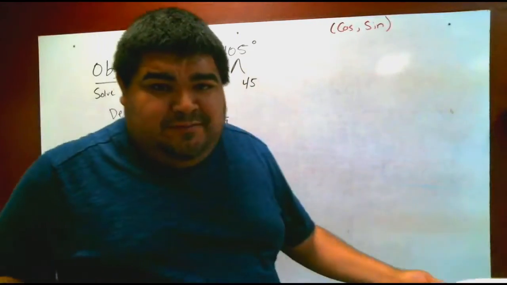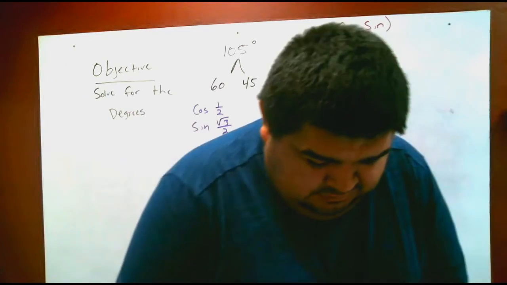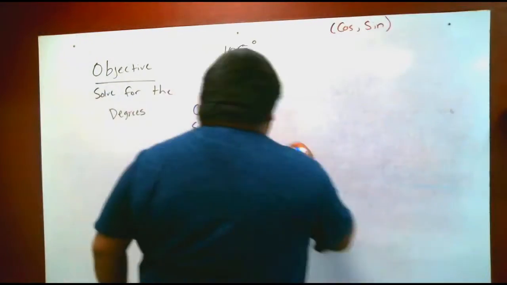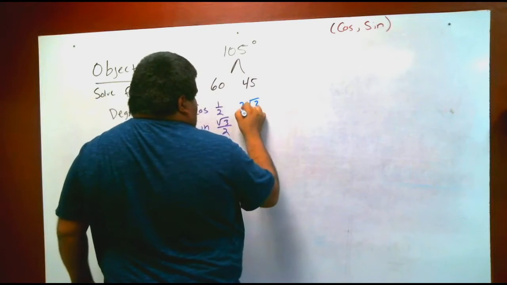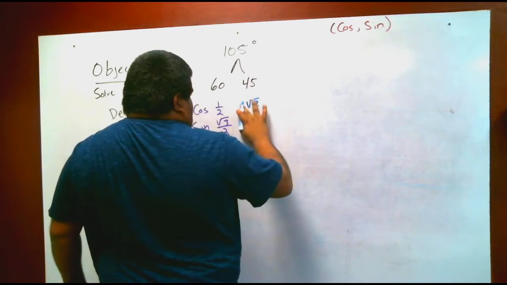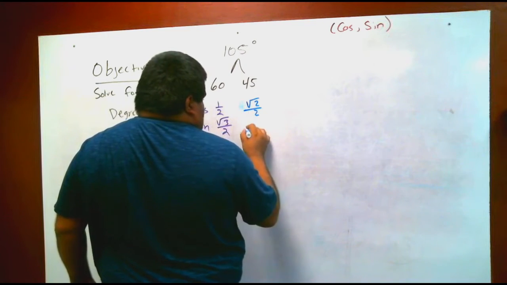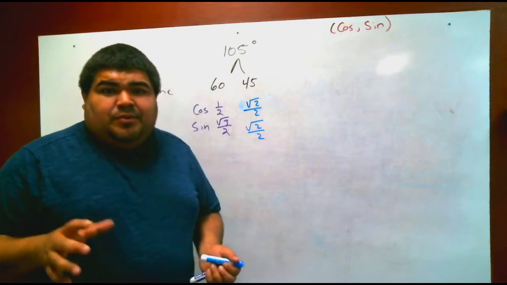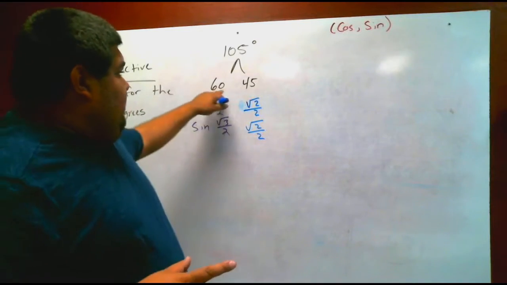For 45, from last class, we had radical of 2/2 and radical of 2/2. That's what we were dealing with last class, solving for each one.